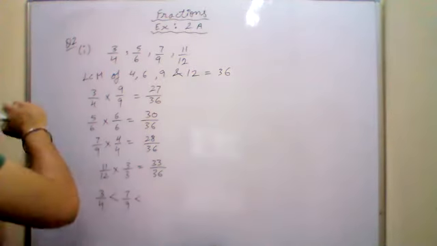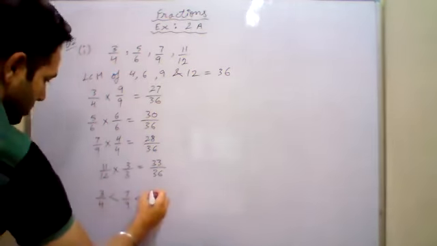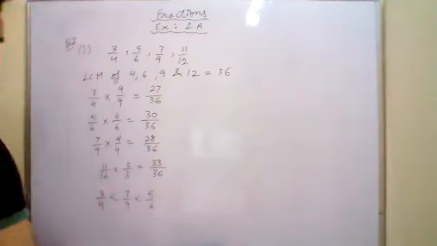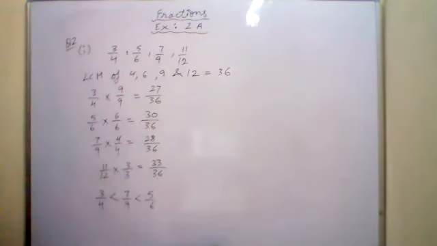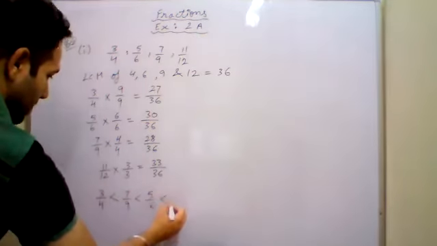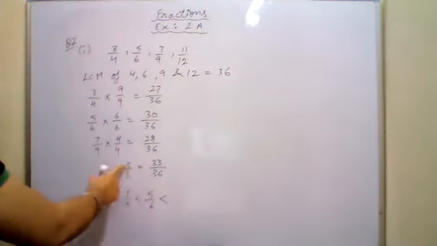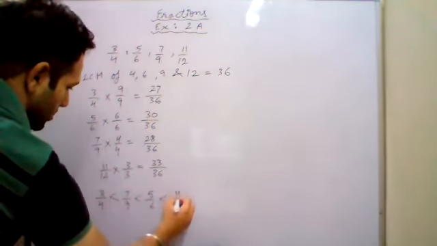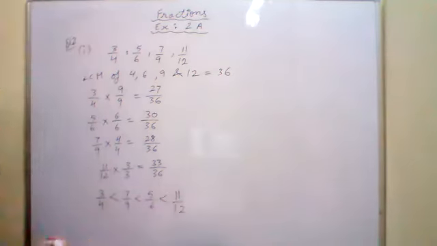That means 5 upon 6. And 33 upon 36. That means 11 upon 12. This is the greatest. Understood all of you? बहुत easy काम है, बिल्कुल same पिछले question के जैसा है.